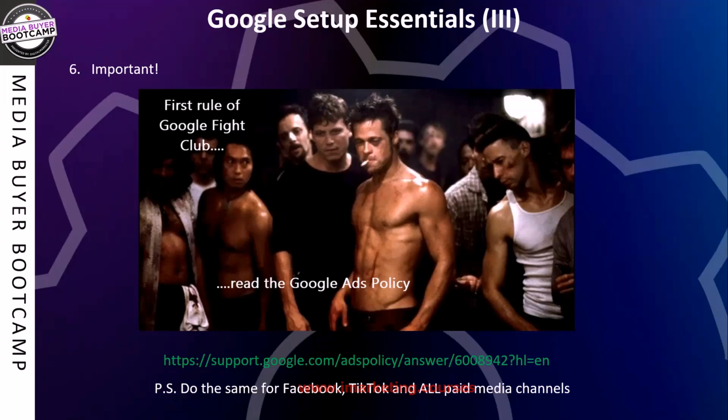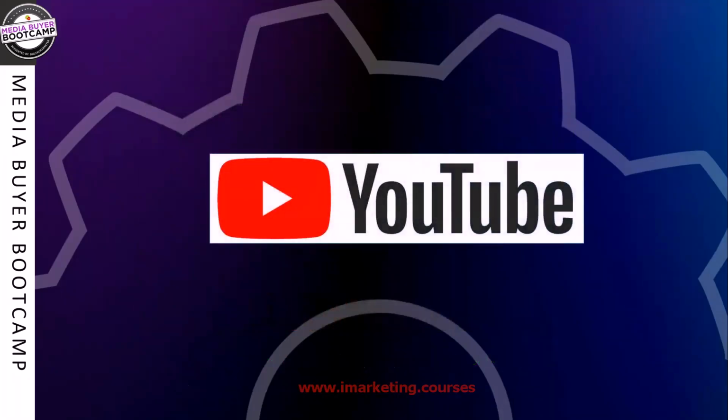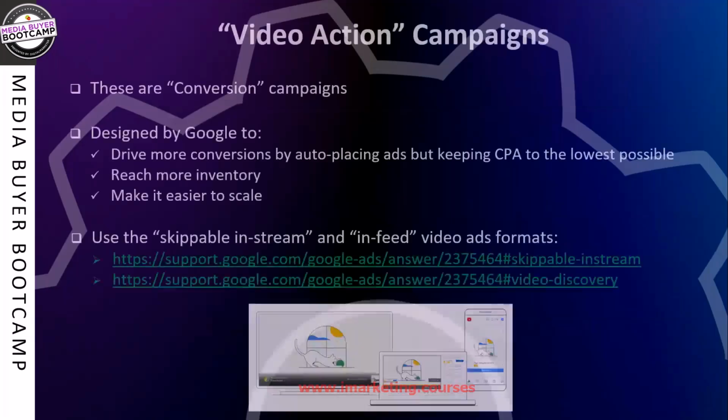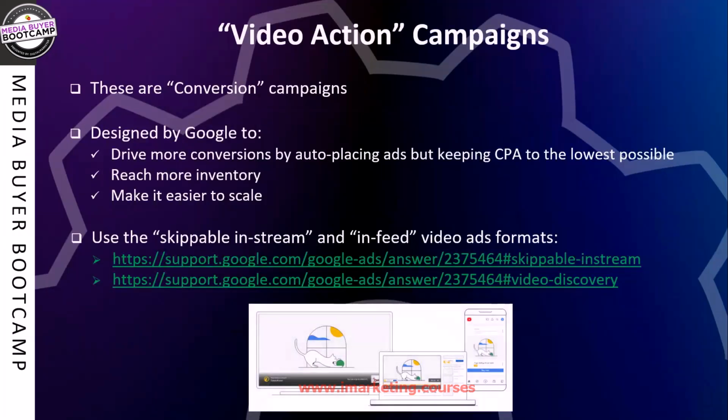Okay. Exactly. So, YouTube, let's get into YouTube. The very first thing is you've got to understand a little bit of terminology. A lot of this is covered in Kasim's course, but essentially there is something which Google calls video action campaigns. You've basically got two types of campaigns in YouTube.